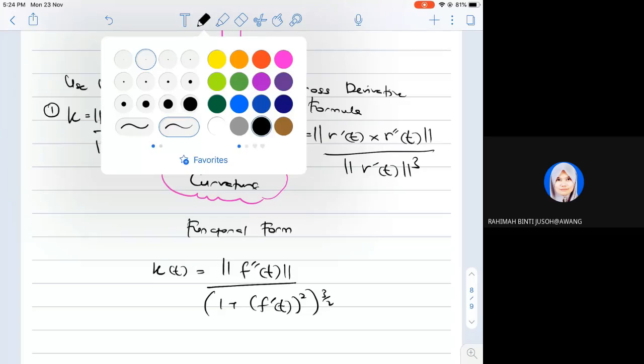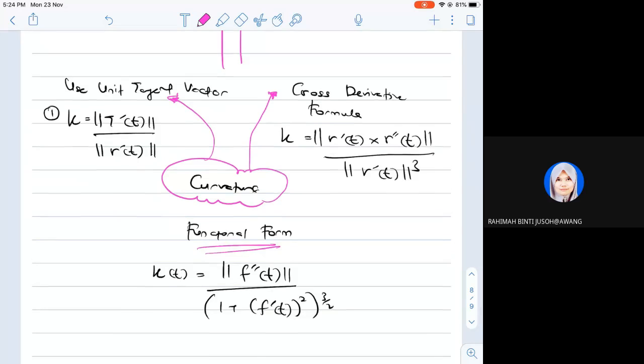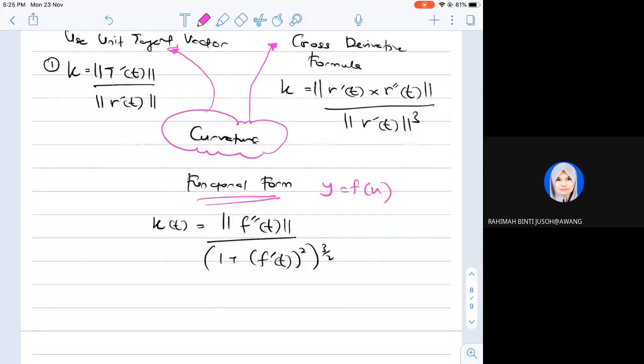The functional form formula will be used if you have something like y equals to f x. If the equation is in terms of function x, y equals to f x, and the question asks you to find the curvature of y, you need to use the formula of functional form. So how to use this?